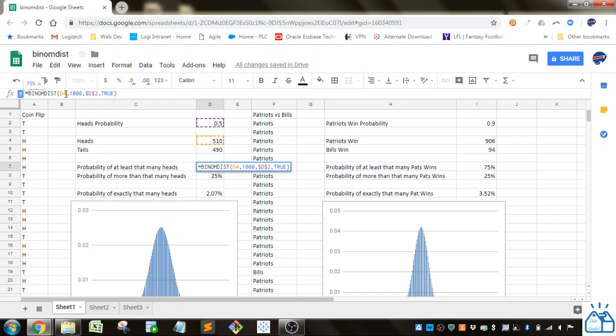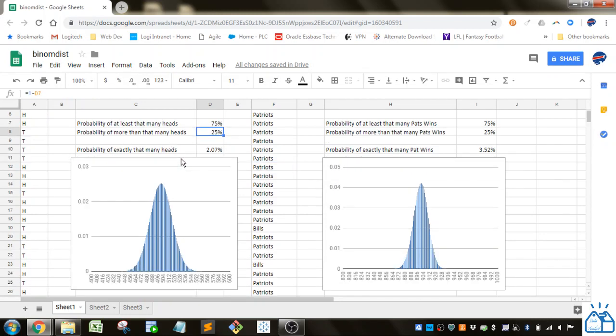We plug in the number of successes, or the number of heads in this case, so that was 510. We did it over 1,000 different times, and the probability of getting a heads is 50%. Then we set the cumulative parameter to true, which tells us the probability of getting that many heads or less.